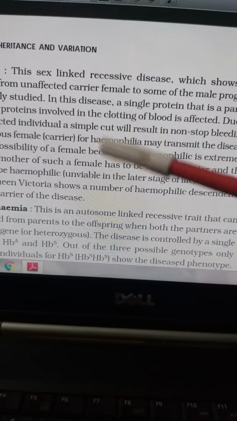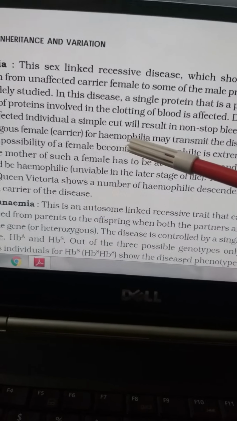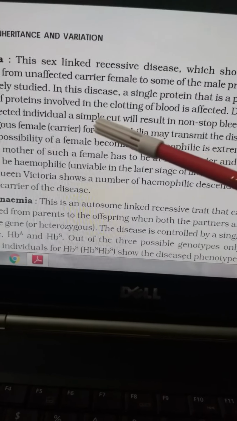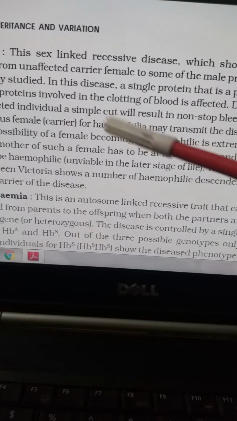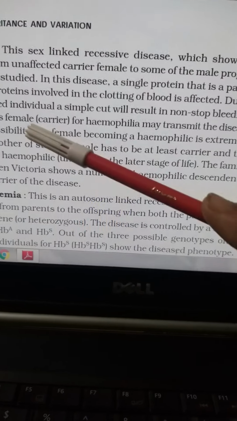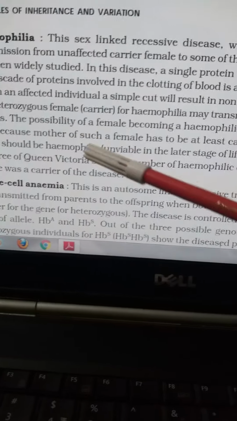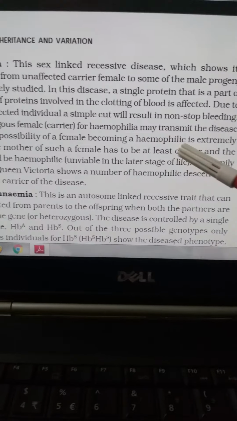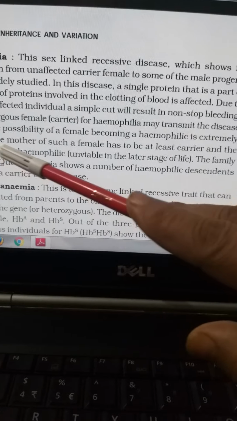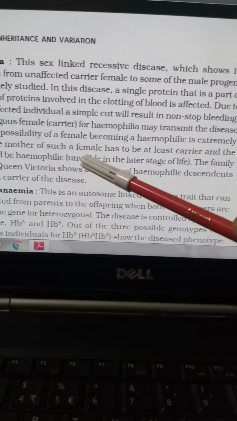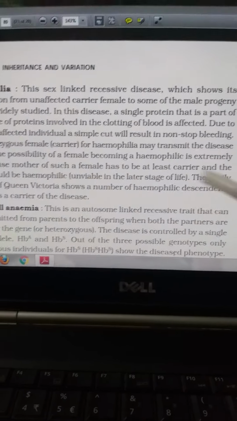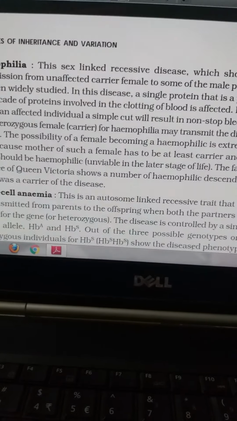But it would be seen in the son, because in XY the X is affected. So a heterozygous female for hemophilia may transmit the disease to the son. The possibility of a female being hemophilic is extremely rare, because the mother of such a female has to be at least a carrier and the father should be hemophilic. So that is the case.